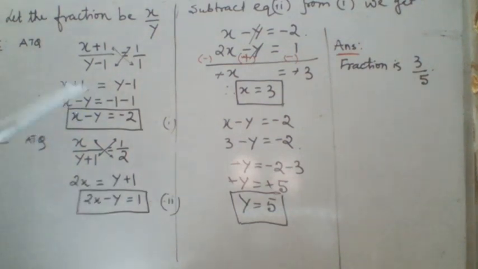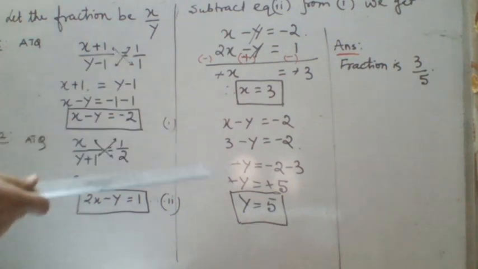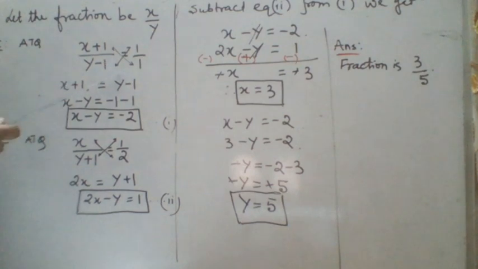Let the fraction be x upon y. According to the given conditions, we find that x plus 1 upon y minus 1, because the numerator is increased by 1 and the denominator is decreased or reduced. Please remember these terms. Increased means addition, decreased or reduced means minus.